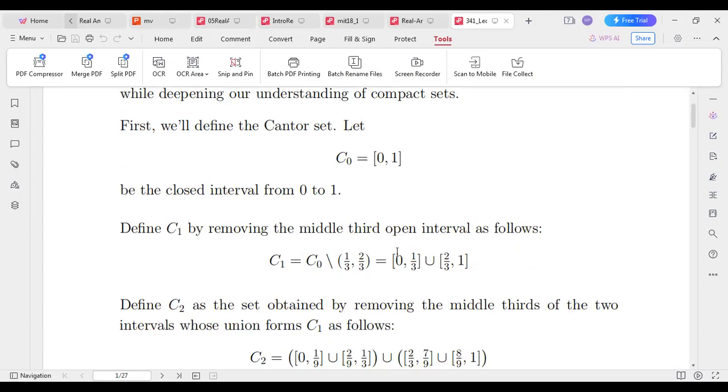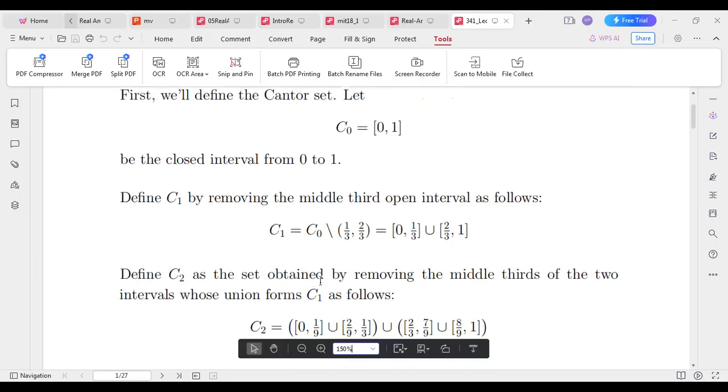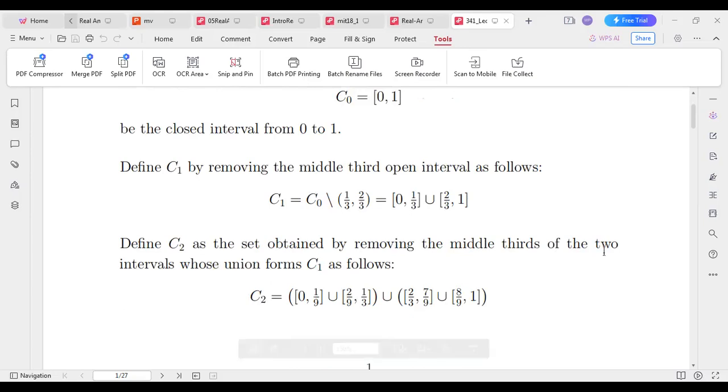Now this can be written as the closed interval [0, 1/3] union the closed interval [2/3, 1]. Define C2 as the set obtained by removing the middle third of the two intervals whose union forms C1 as follows. So C2 can be written as what?